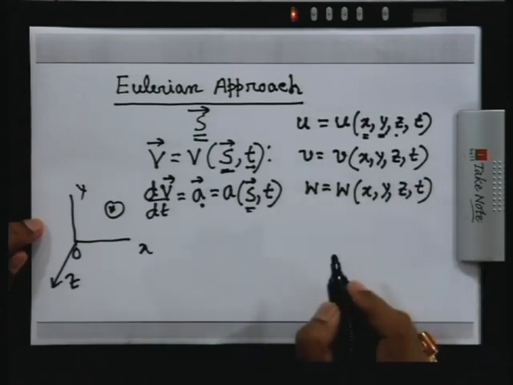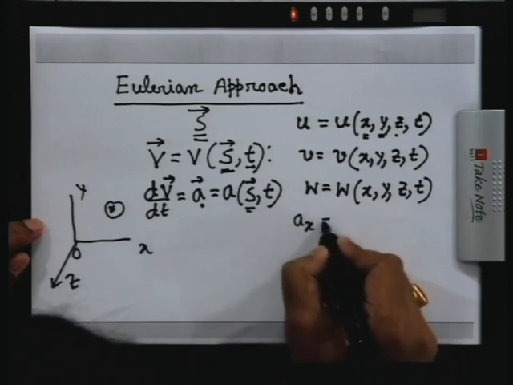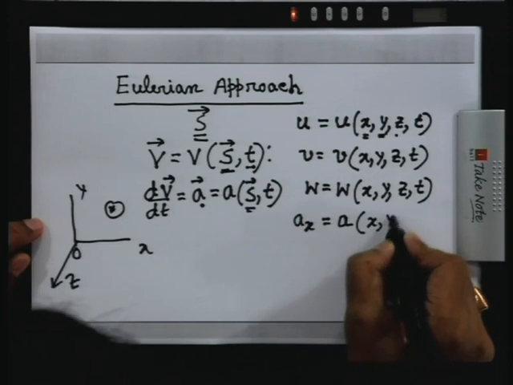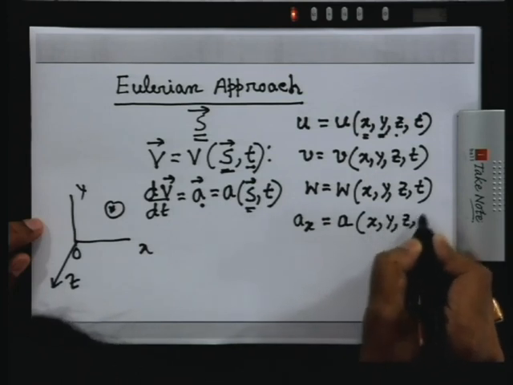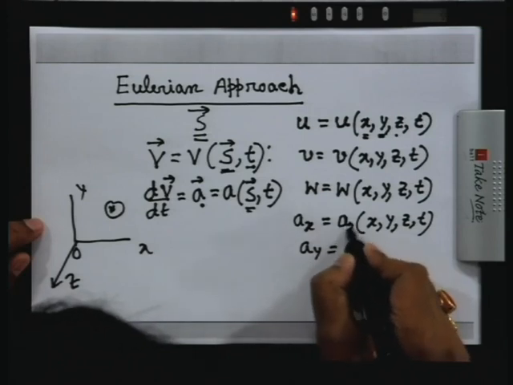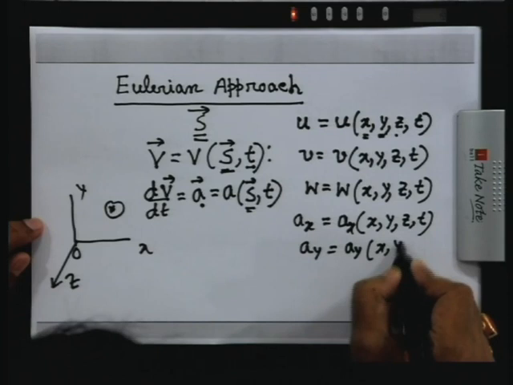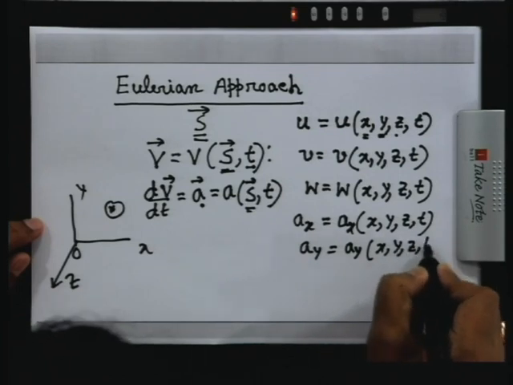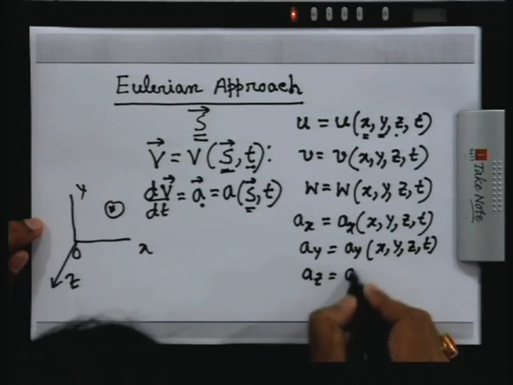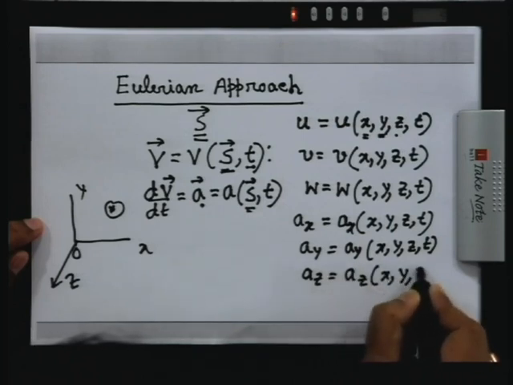Similarly, the acceleration component a_x can be written as a function of x, y, z and t, and similarly a_y can be written, different functions. Here there is no particle identity, this is a space. a_z is also a function of x, y, z and t.